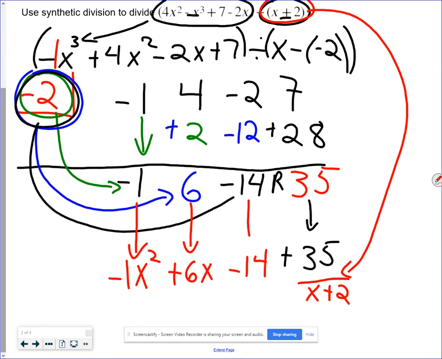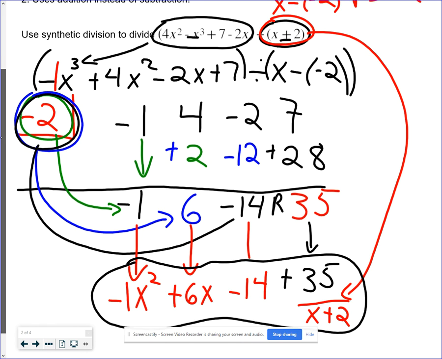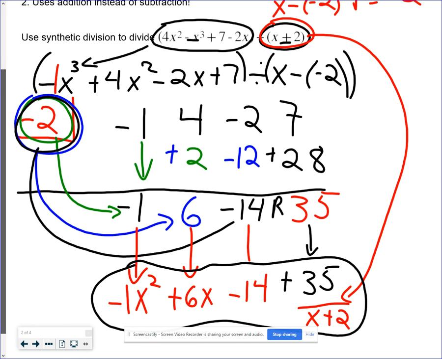And here, since it's our answer, you don't have to worry about writing it as minus negative 2. You can just write it as x plus 2. And so this right here is the solution using synthetic division. So you could go ahead and factor or FOIL everything out again and double check it, or you could perform long division and double check it again.